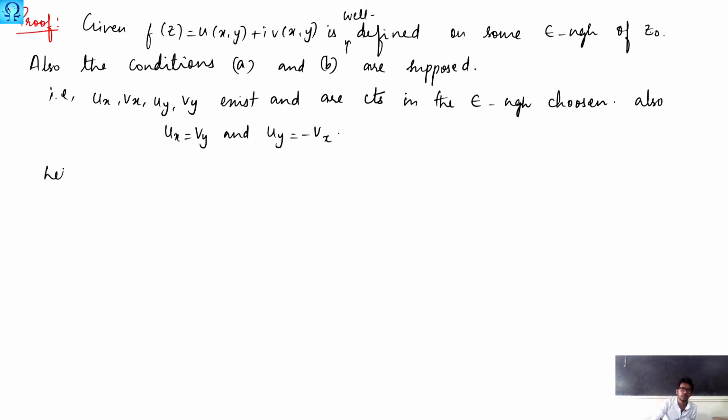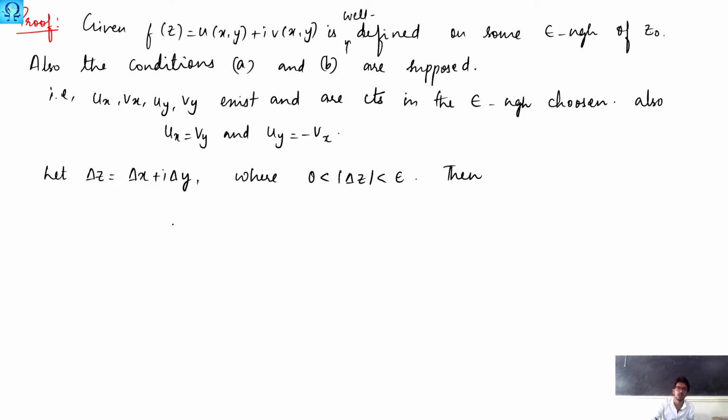Let us write delta z as delta x plus i times delta y, and here 0 is smaller than |delta z|, which is smaller than epsilon, because we are talking about things in the epsilon neighborhood. That is why this condition is imposed.